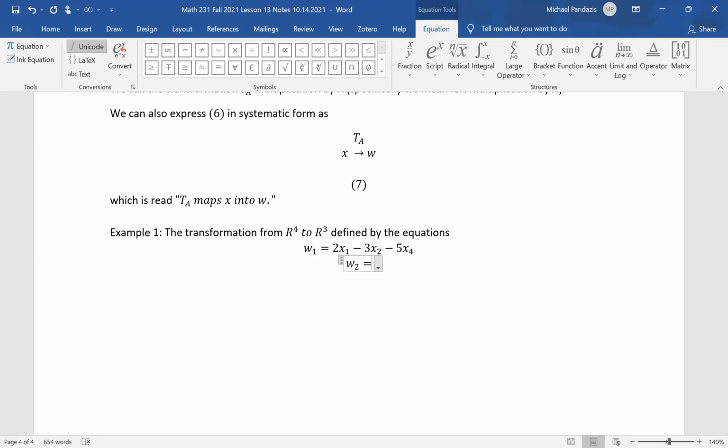W2 is equal to 4x1 plus x2 minus 2x3 plus x4.